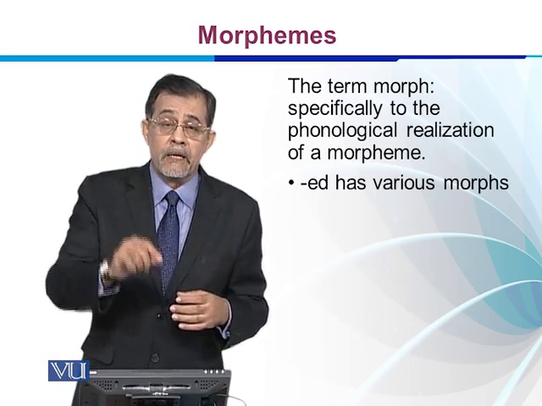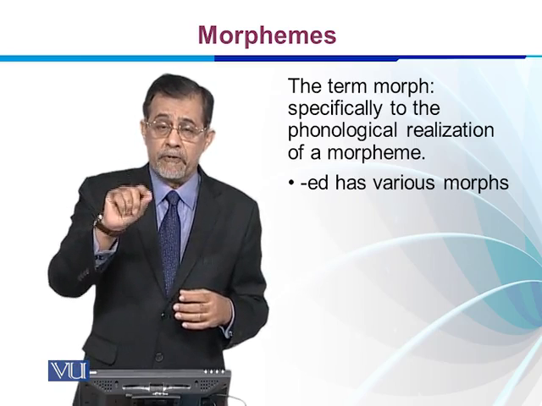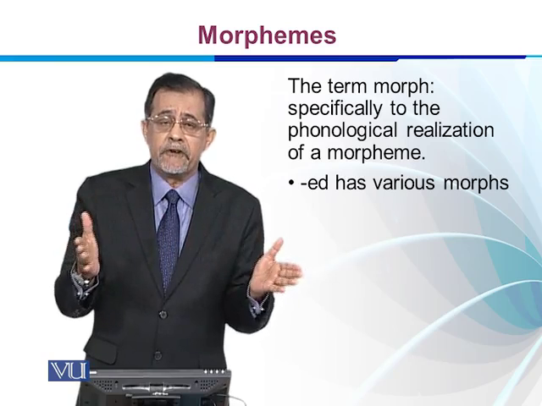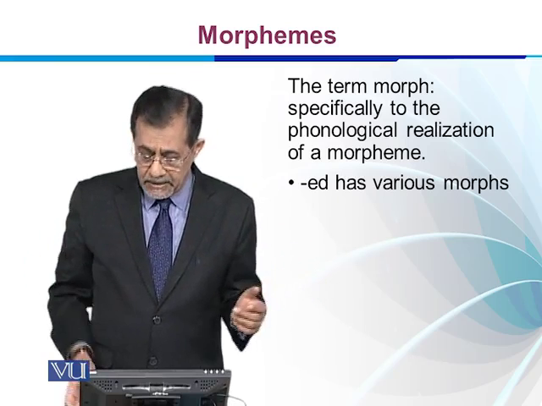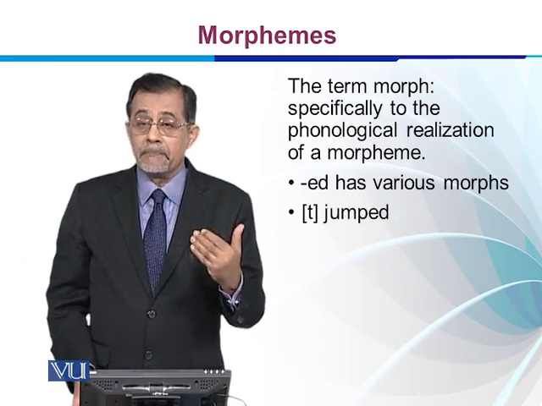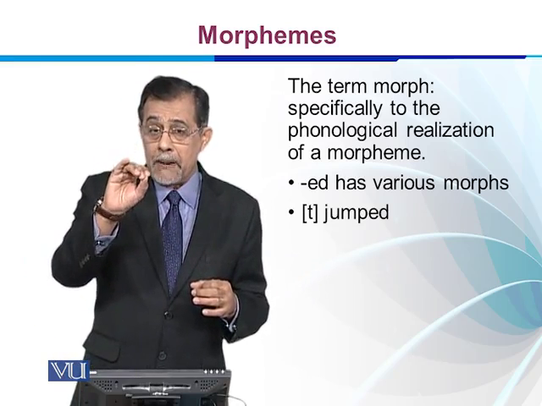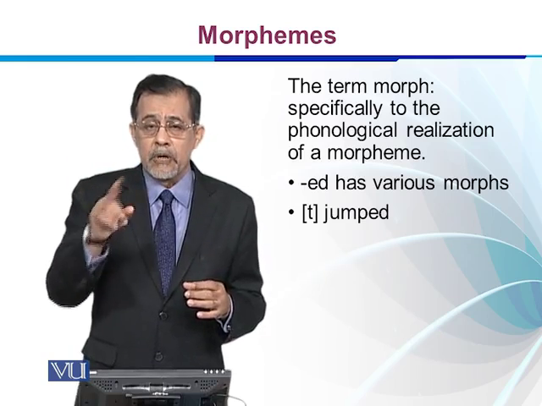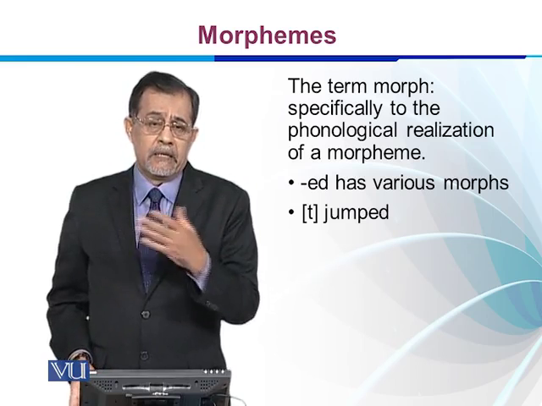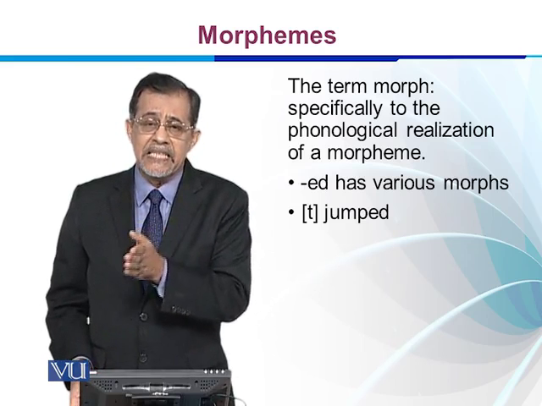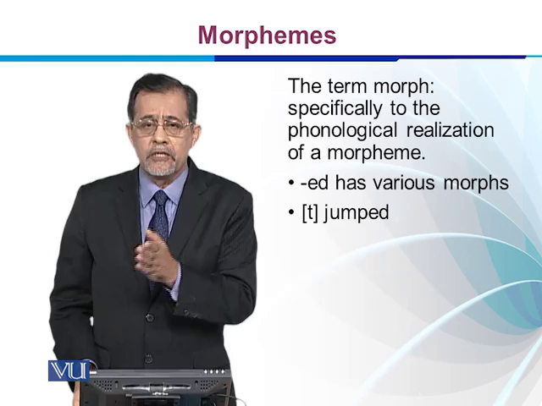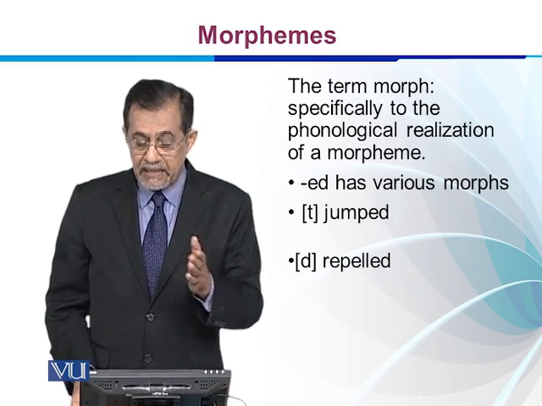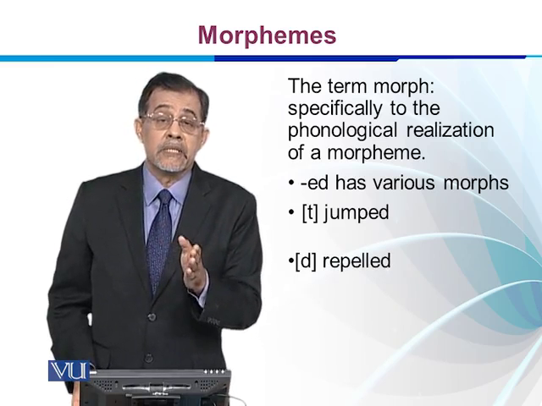The ed has various realizations. For example, when we add this past tense morpheme to a verb, in certain cases it has different phonological realization. For example, jumped. After jump, when we add ed, we pronounce it as t, jumped. So after a voiceless stop, the ed becomes t instead of ud or d. Similarly, repelled ends in a voiced sound, right?